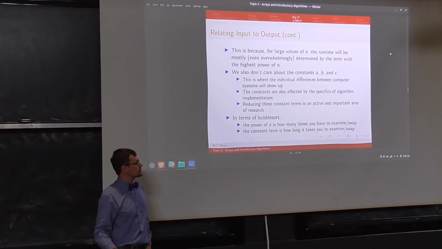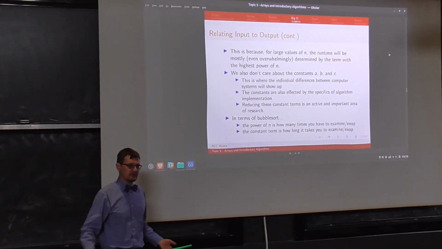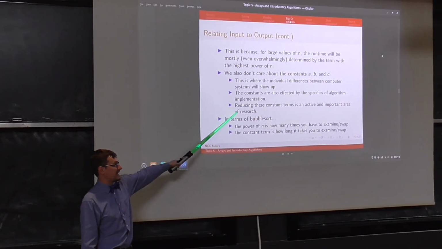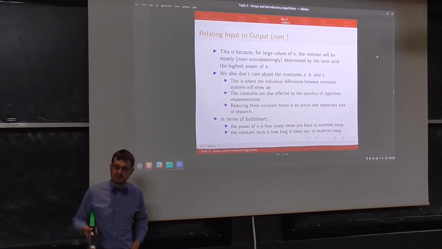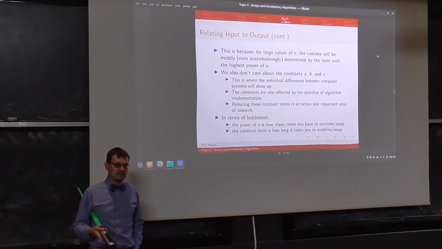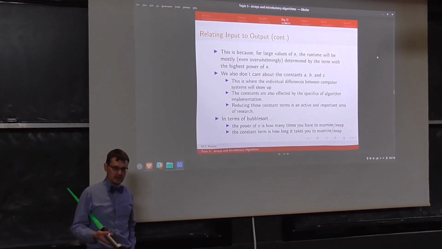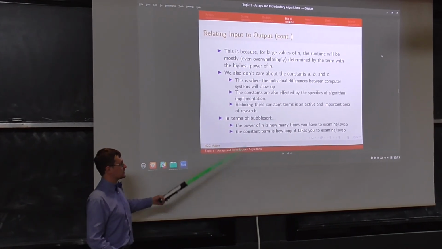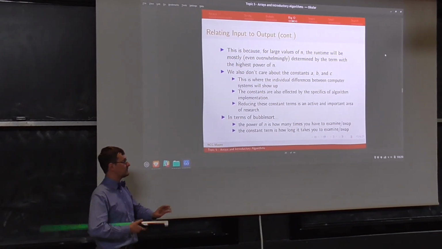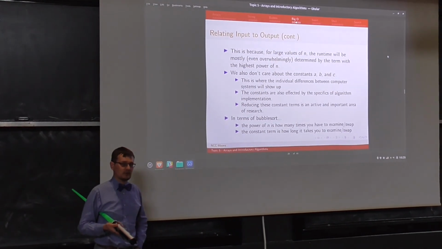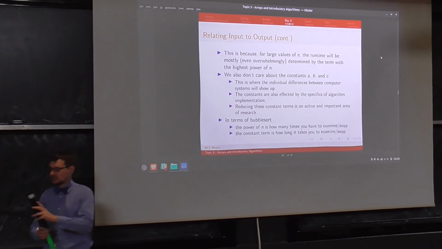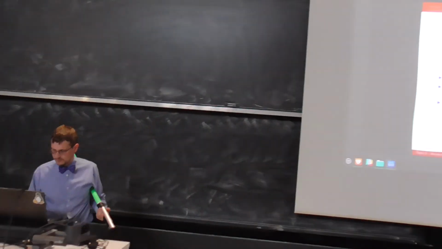The constants are also affected by the specifics of algorithm implementation. Reducing these constant terms is also an active and important area of research, but it does not affect the overall proportionality of the algorithm. In terms of bubble sort, power of n is how many times you have to examine or swap. The constant term is how long it takes you to perform each examine or swap.